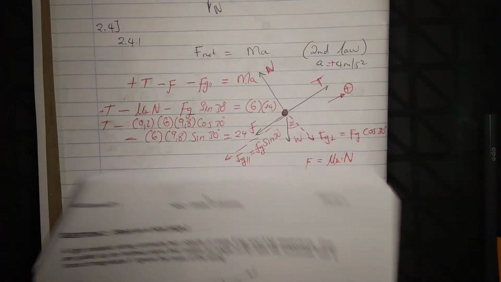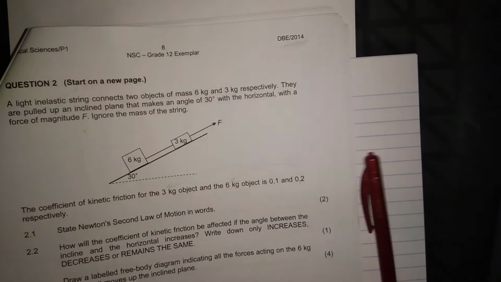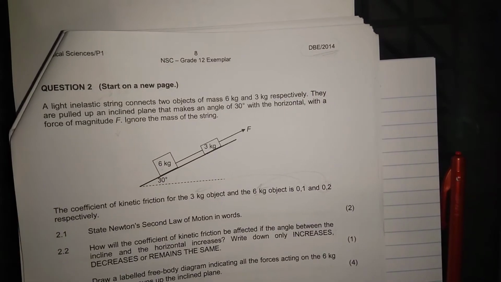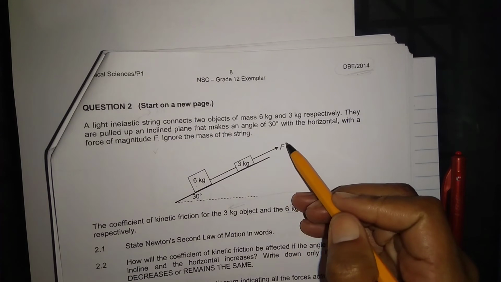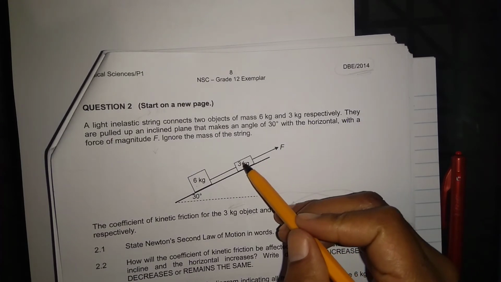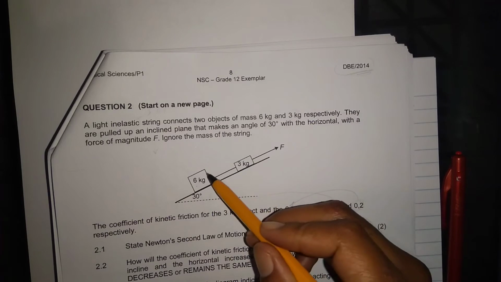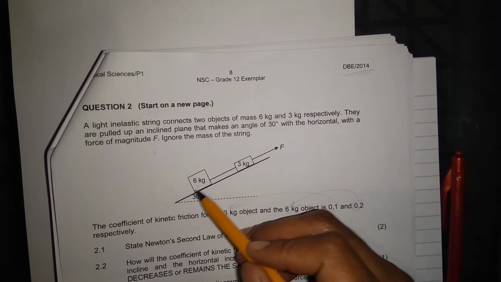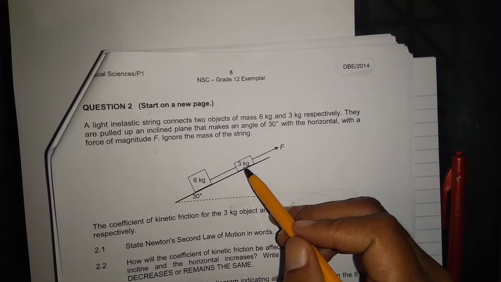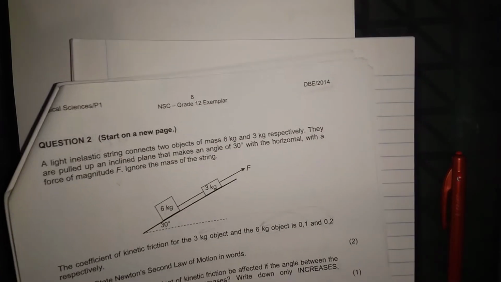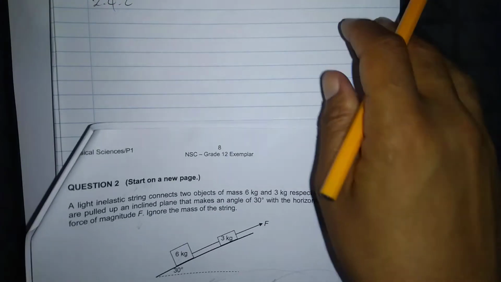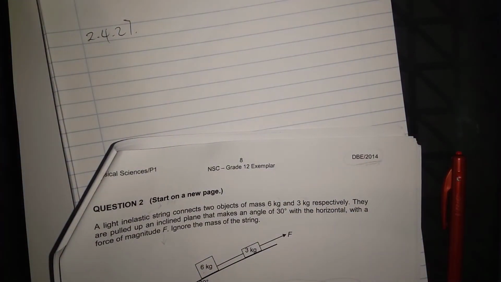Now we want to calculate F this time, and keep in mind that F is being applied to both objects, the 3 kg and the 6 kg. So F moves the whole system, not only the 3 kg. Be careful on that one. So 2.4.2 is the magnitude of F.